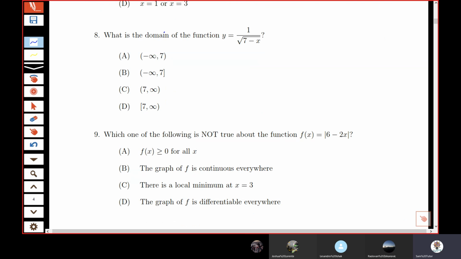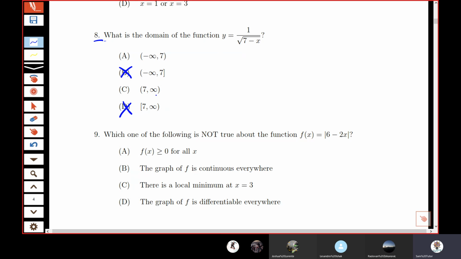Derivative domain. What is the domain of the function? Can x be 7? No, because if x is 7, you're going to get 0 in the denominator, which is not allowed. So you straight away know it can't be B and it can't be D, because these are curved.